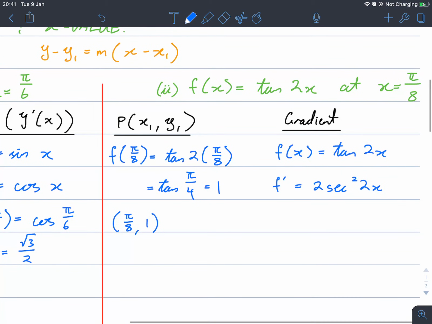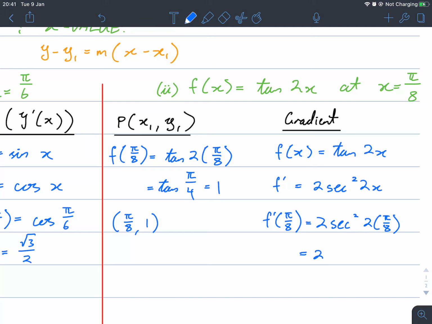We're going to substitute now pi on 8 in this function to give us our gradient at the point. So 2 sec squared of 2 times pi on 8. This will give me 2 sec squared of pi on 4.